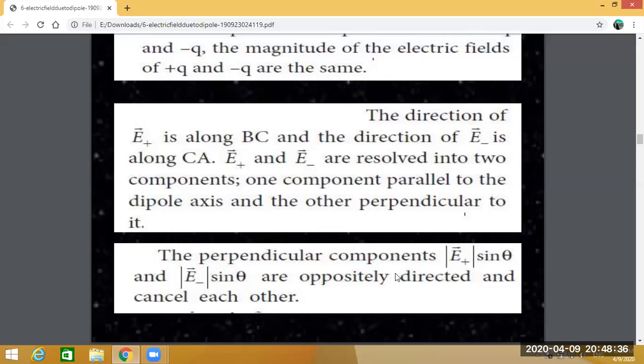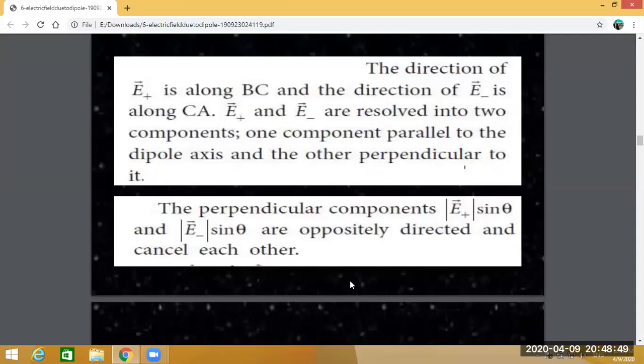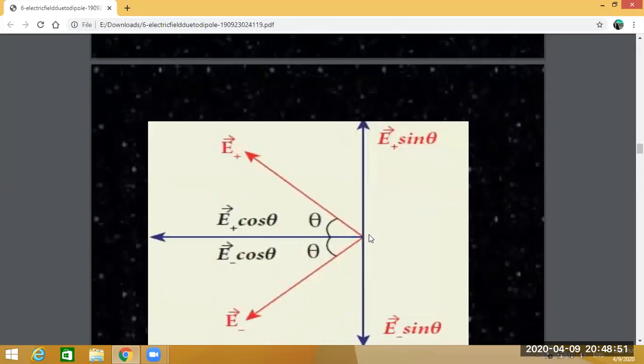The perpendicular components, E plus sine theta and E minus sine theta, are oppositely directed, so they cancel each other because of their same magnitude. Look here, this is the point C, and this electric field is resolved.